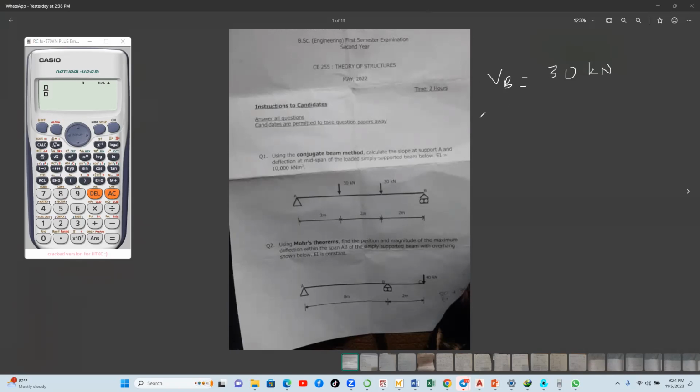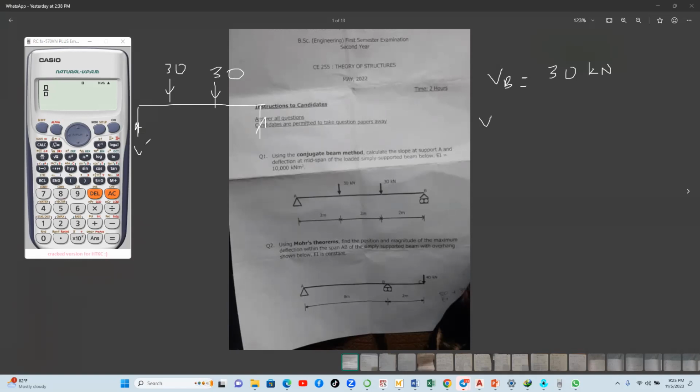Okay. And in the first equation, we established equation 1, and here is equation 2.